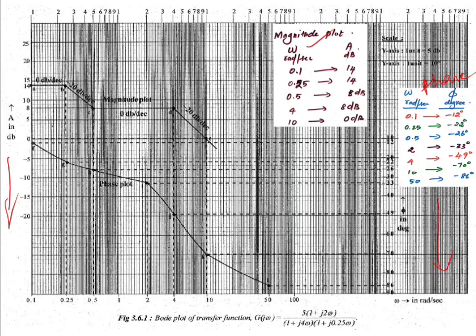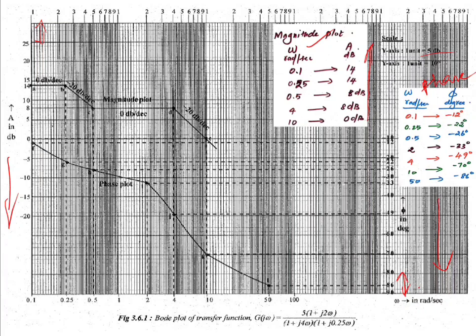When you are seeing this, the range of gain is 0 to 14 dB. So it's up to the student's wish. You can take anything. So here we have taken one division as 5 dB, and for degree we have taken one division as 10 degree, something like that.